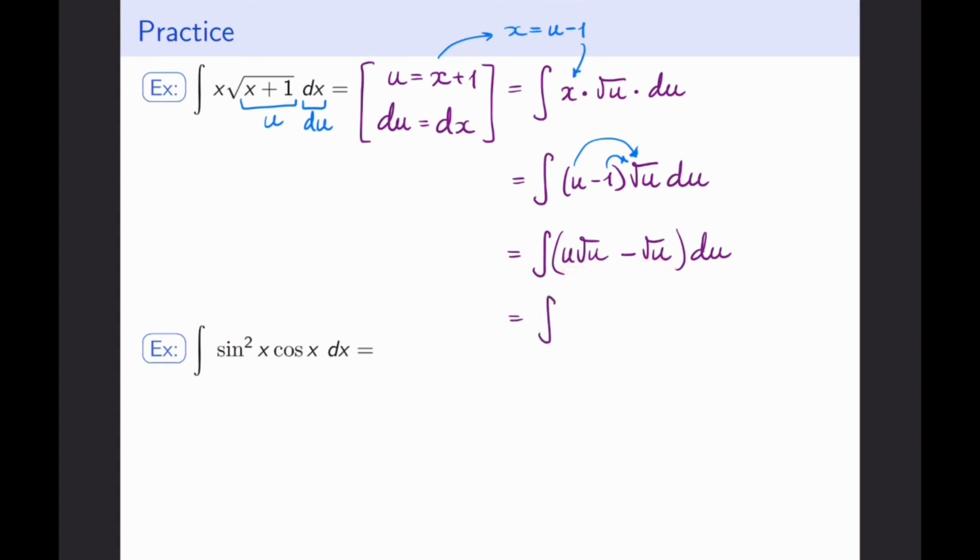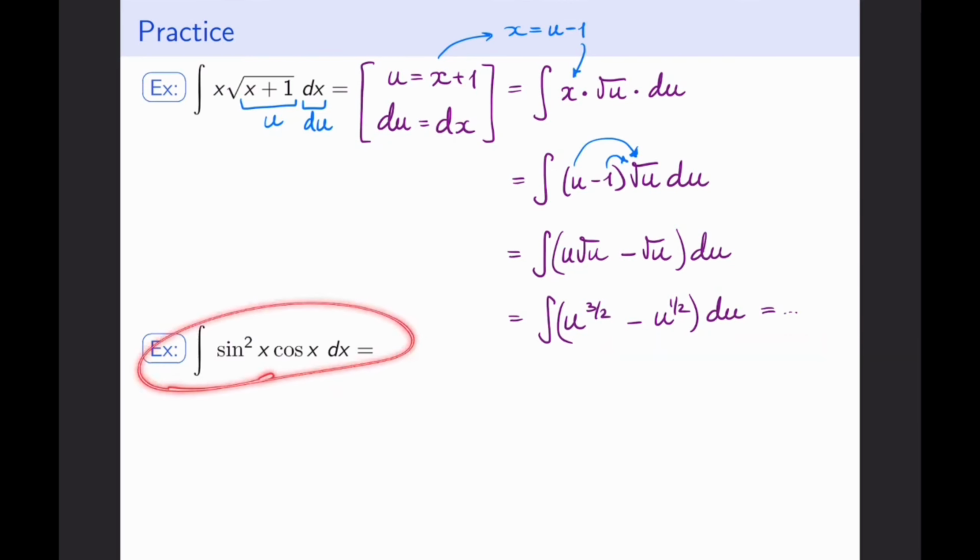The first one is u to power 1 and then u to power 1/2. So altogether u to power 3/2 minus u to power 1/2. And now I can simply apply the power rule in order to find antiderivatives and then return to my original variable x. So I'm going to leave the last few steps up to you.